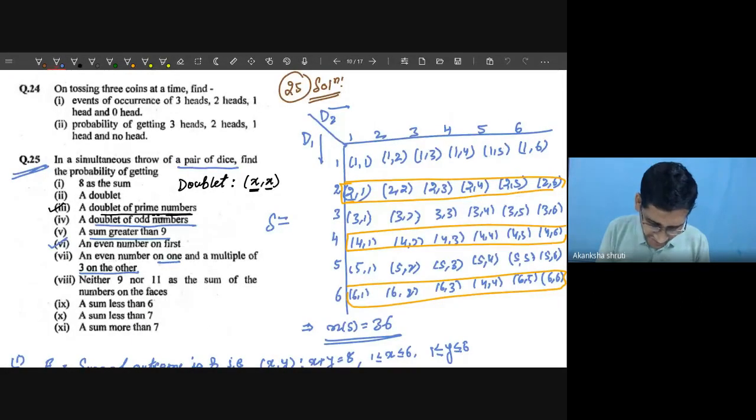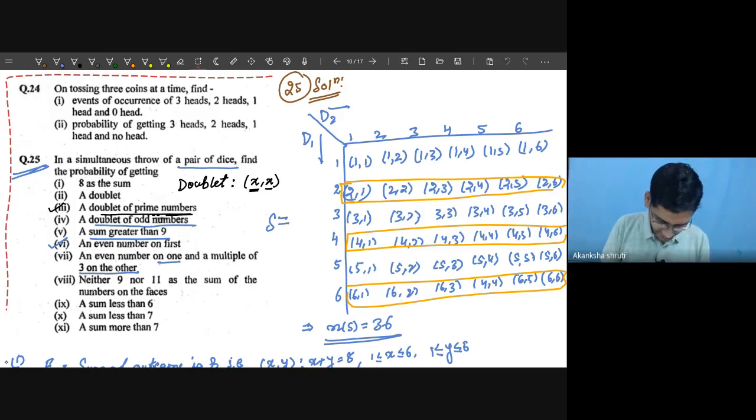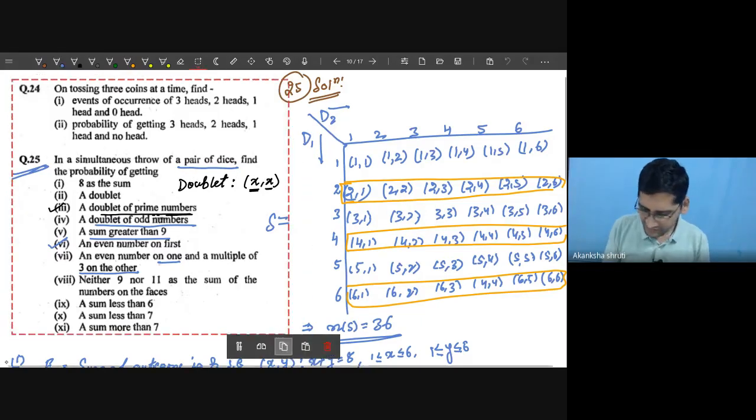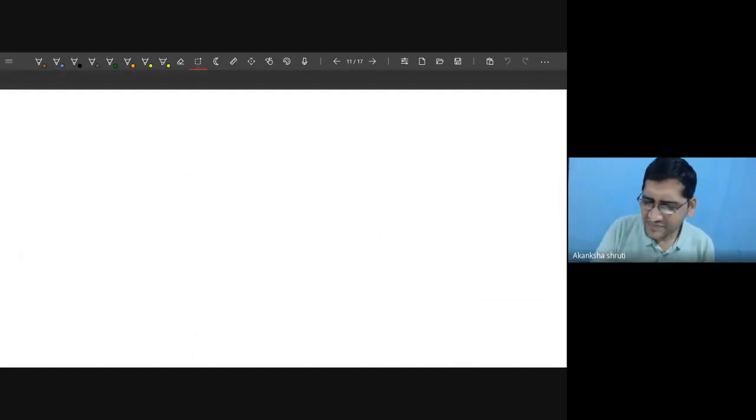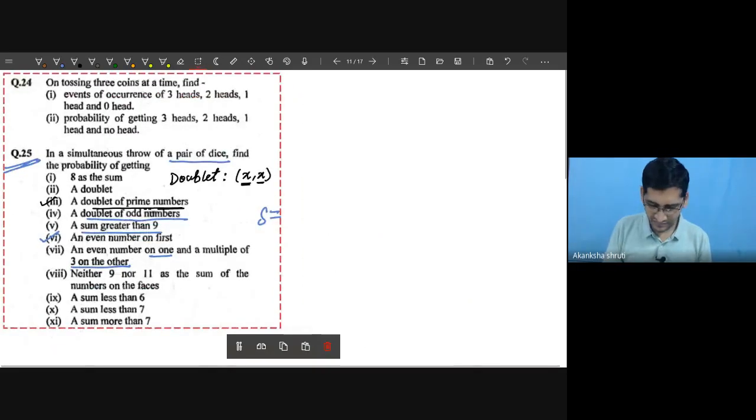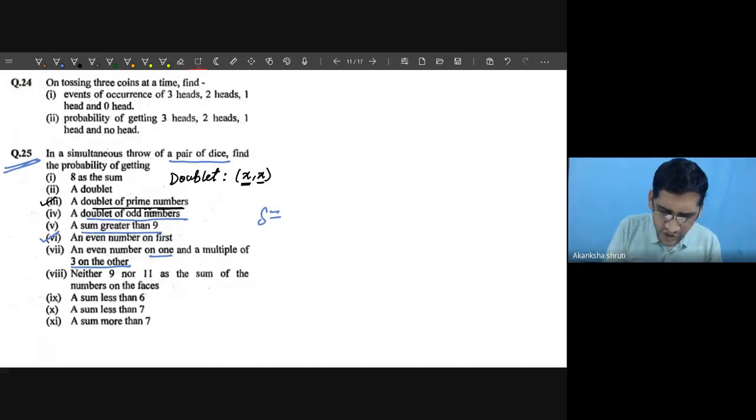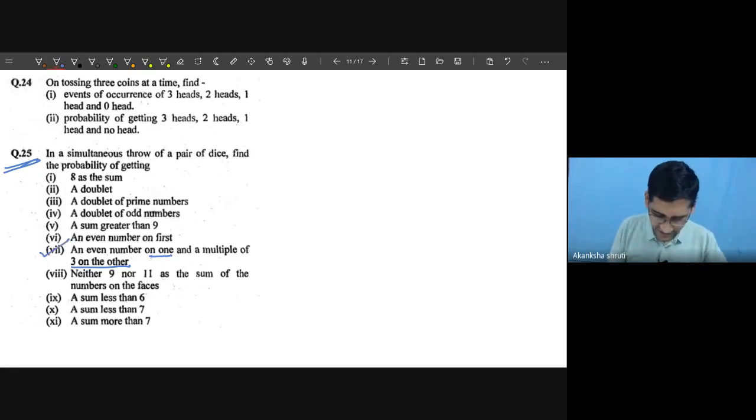Be careful about this question. It is not mentioned where we shall take which one. So whatever the sample space we have written, from that we shall write.